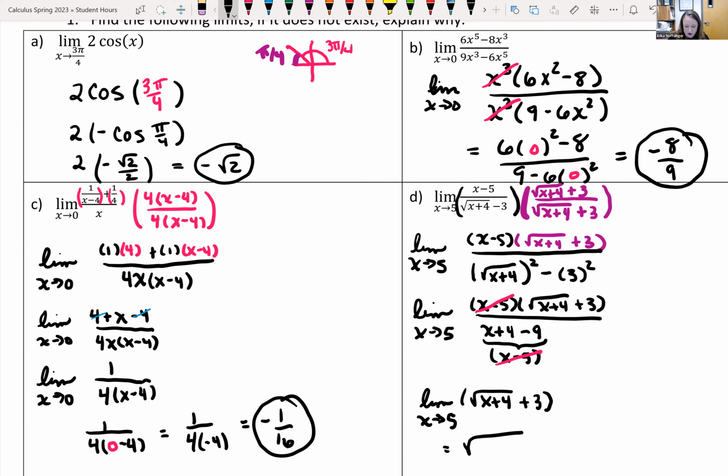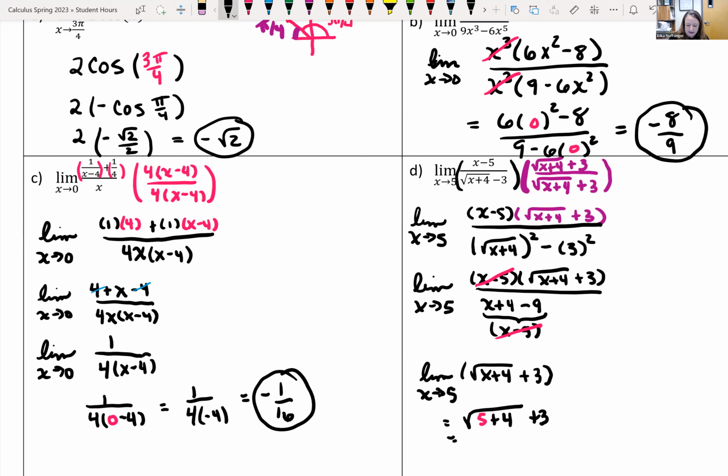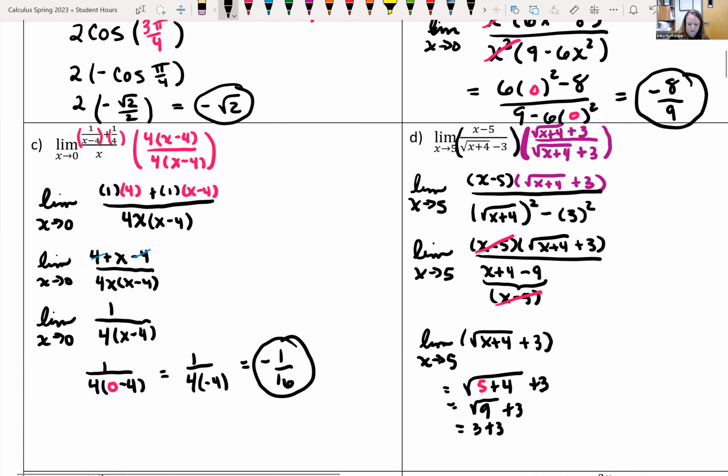And so we have the square root of 5 plus 4 under the radical. Outside of the radical, we have plus 3. So this is equal to the square root of 9 plus 3. Square root of 9 is 3, so 3 plus 3 equals 6.